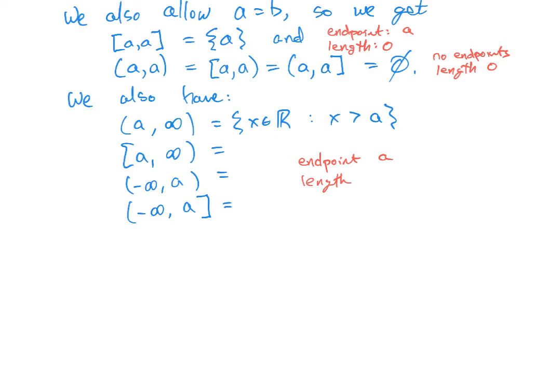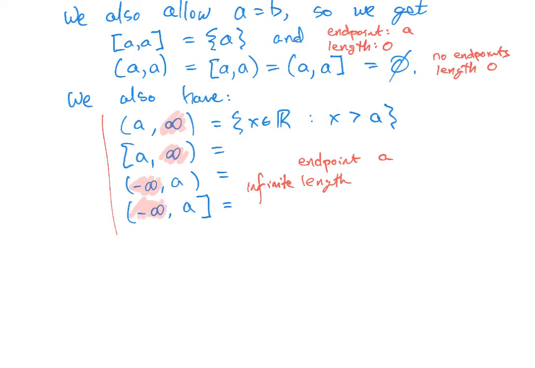The recording is now restarted. So if you're watching the recording, we have these infinite intervals. They all have a single endpoint, and they have infinite length. Let me emphasize that when we're using infinities here, those are not numbers.